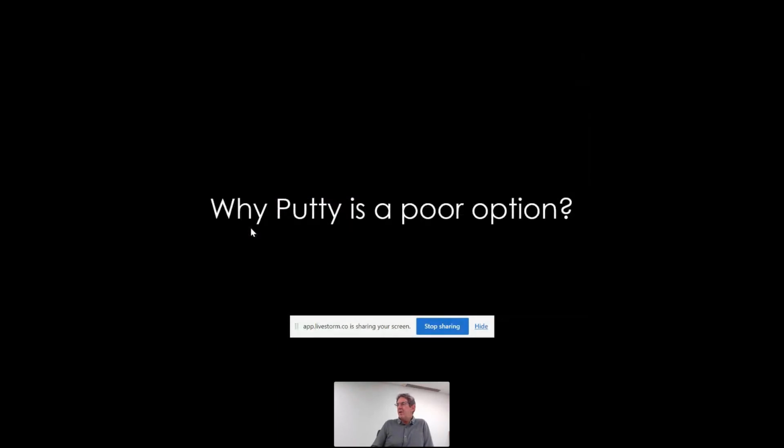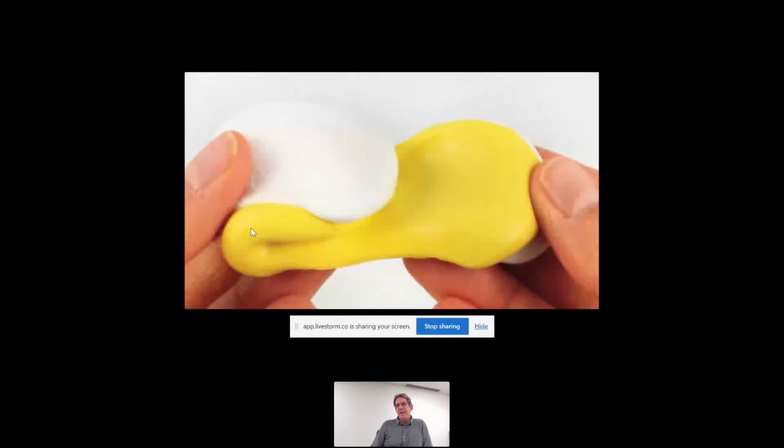Now, I know there are many dentists that for many, many years have used putty. Putty had its place many, many years ago, but why is putty a poor option today? Well, number one, putty has to be hand mixed. So typically, if your assistant's wearing gloves, they have to remove the gloves because, especially if they're wearing latex gloves, they contain sulfur.